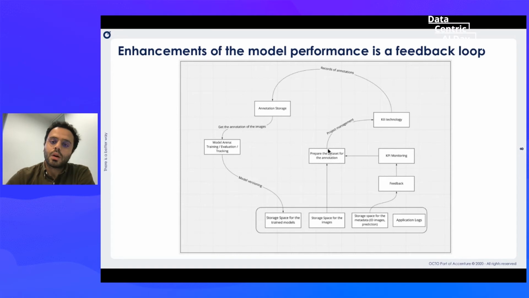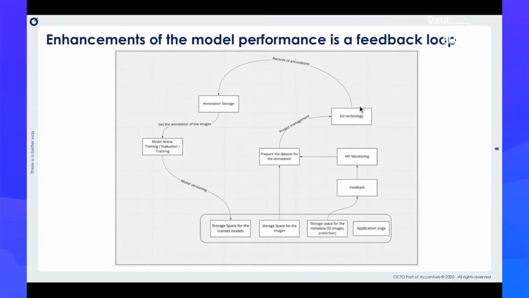To prepare this, we will do it here on the annotation platform. So here we have Kili Technology, the Kili platform. We will prepare this set of data in order for the data to be annotated. And once the data is annotated, we send a record of annotation, and the annotation is stored.